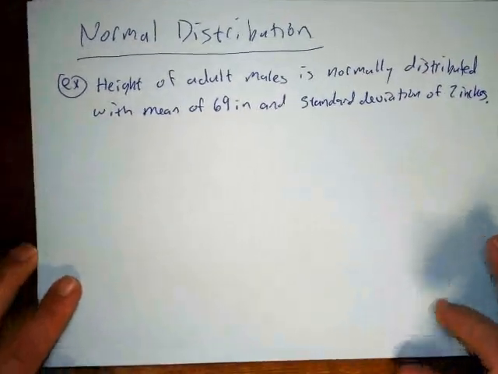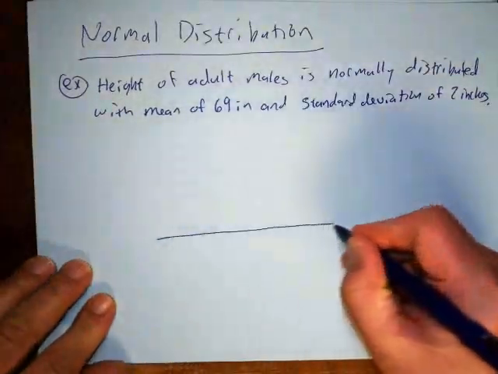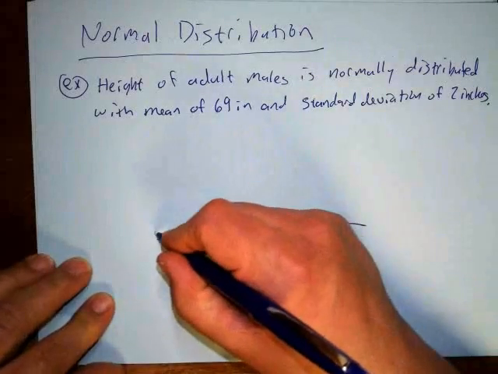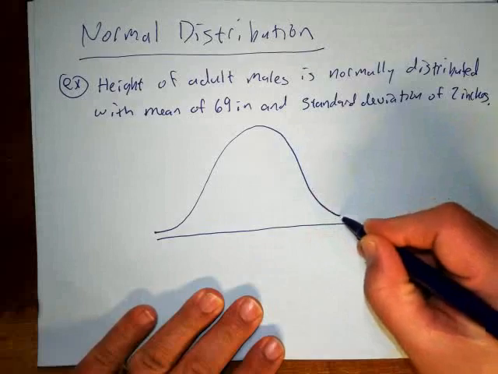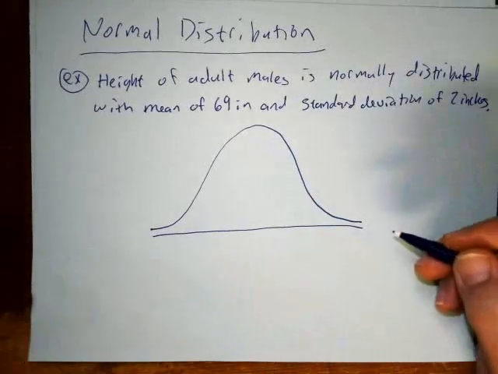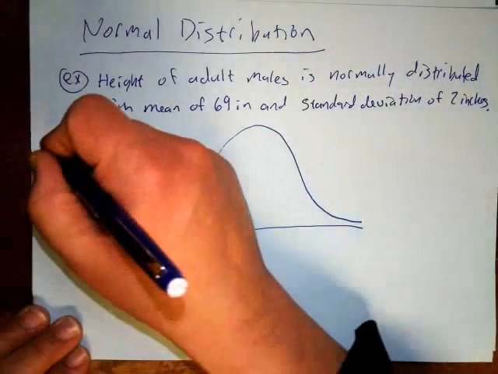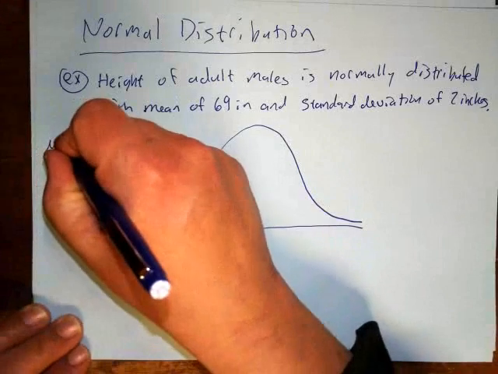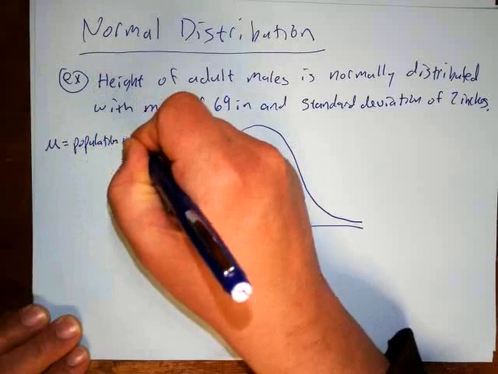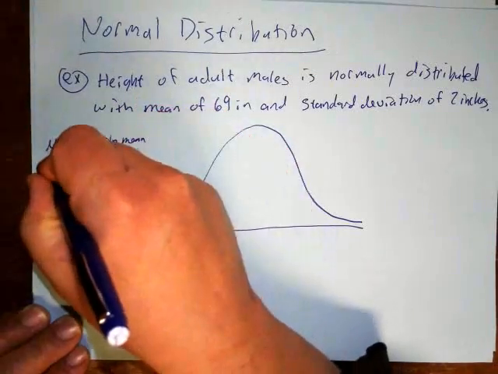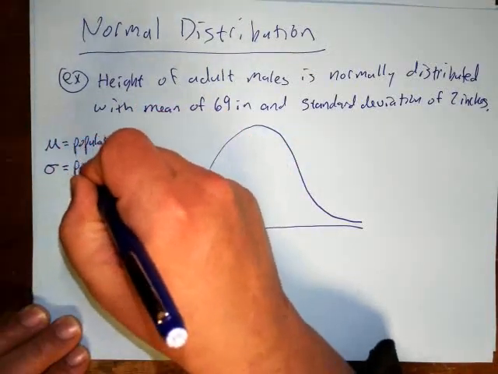We'll just have that horizontal axis that's going to have the heights, and we're just going to draw this normal curve like this, simplified. And we're going to use this symbol, this is the population mean, and then this is the population standard deviation.